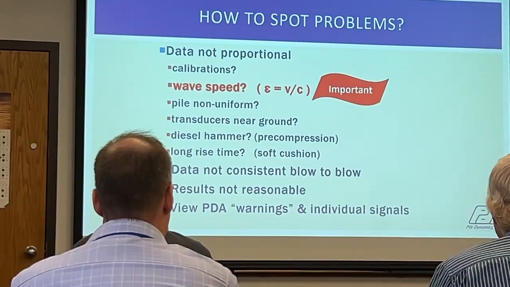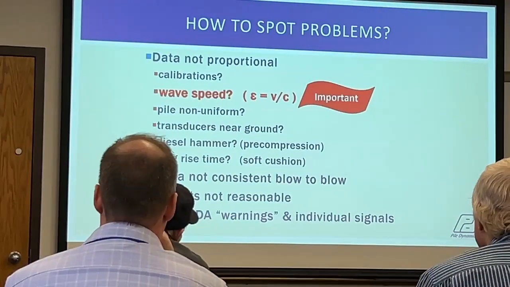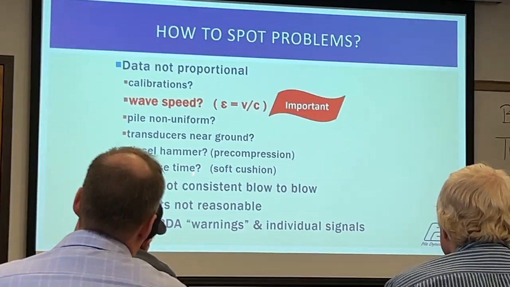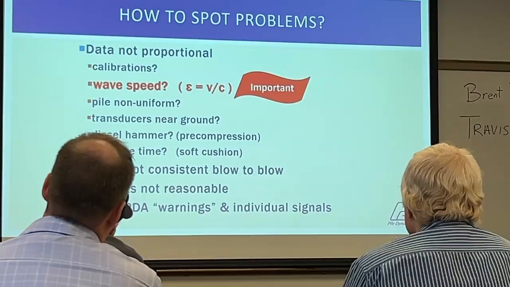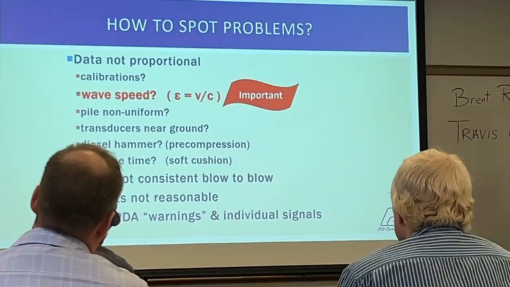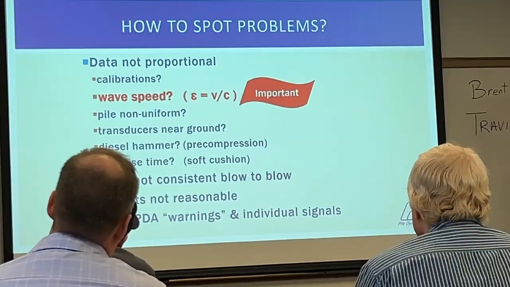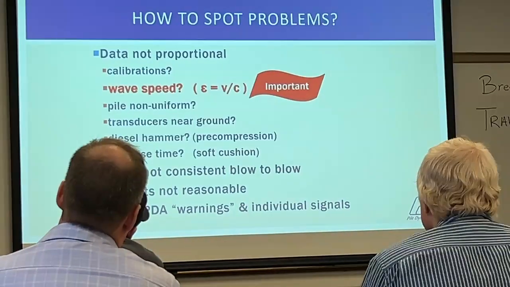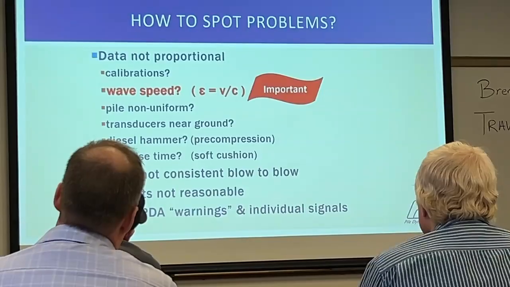So when we look at that, the first question is, if the data is not proportional with that impact, how are our calibrations? Is our wave speed correct for concrete or timber piles? Is our pile very non-uniform? Are the transducers right near the ground?